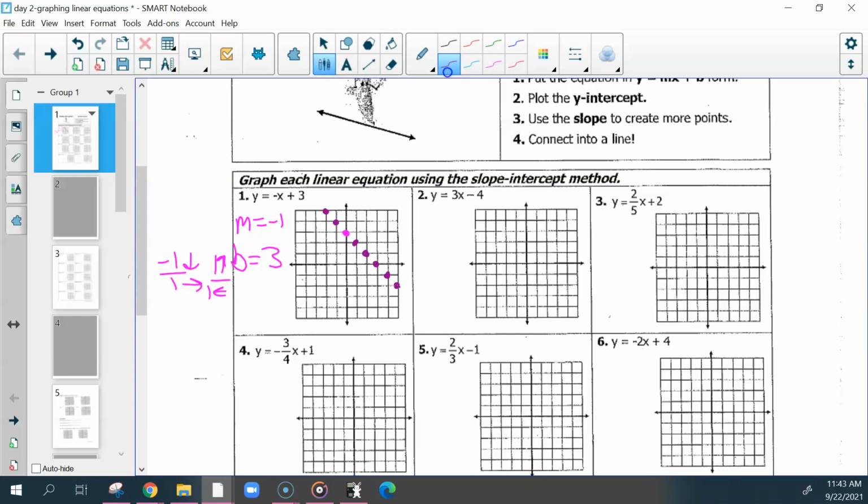Once I run out of space in both directions, I can connect it to make a line. If you want a ruler to make your line really straight, I have some in the colored full cart.